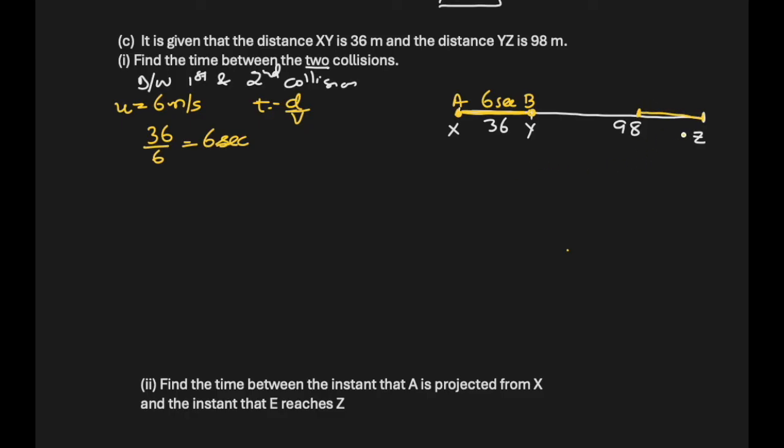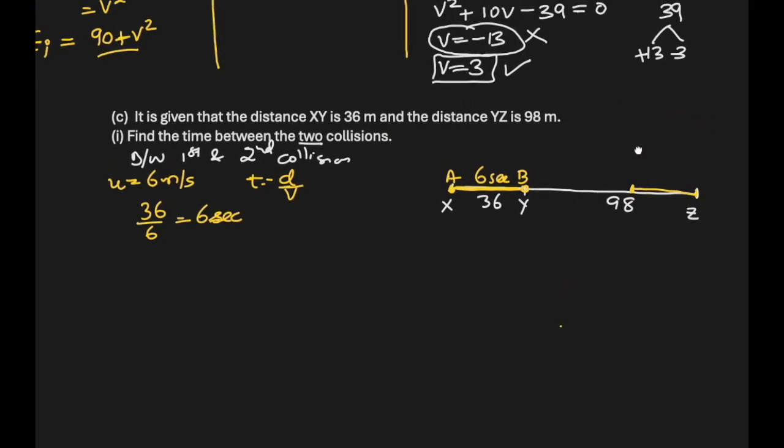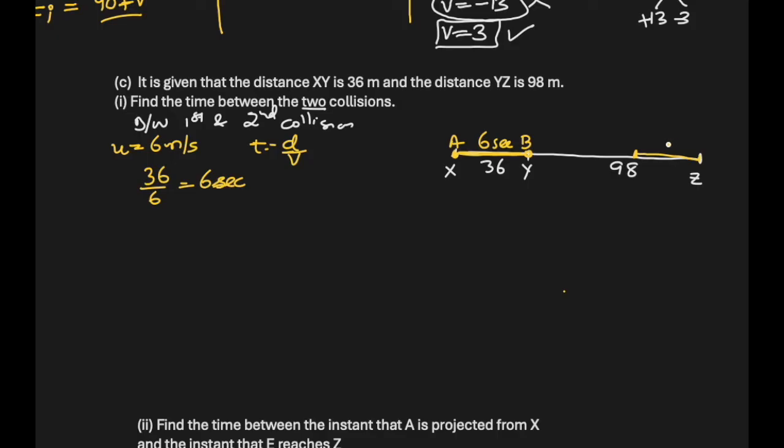It is useful in this direction because in 6 seconds it will reach somewhere, right? And how much will it reach? Its speed came out to be 3 meters per second in the previous part, v equal to 3, right? 3 meters per second it was going this way. So in 6 seconds, particle C moved how much?